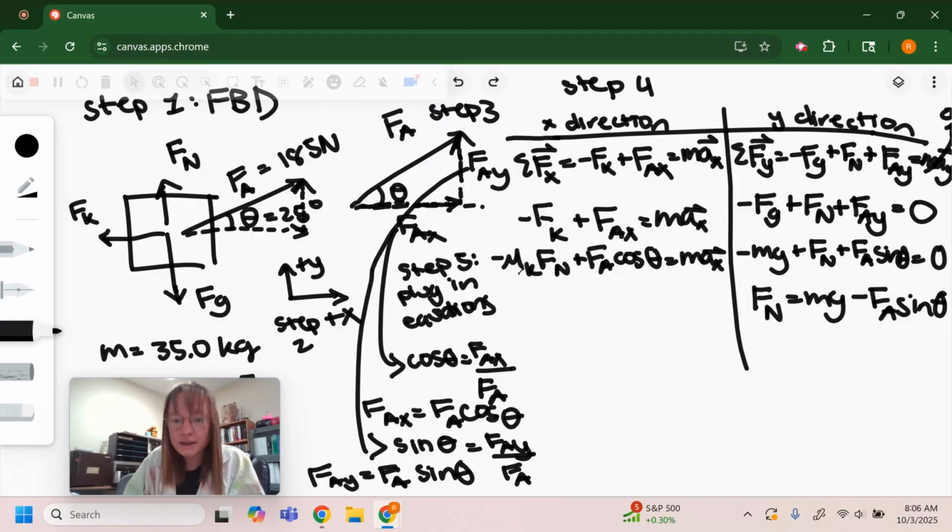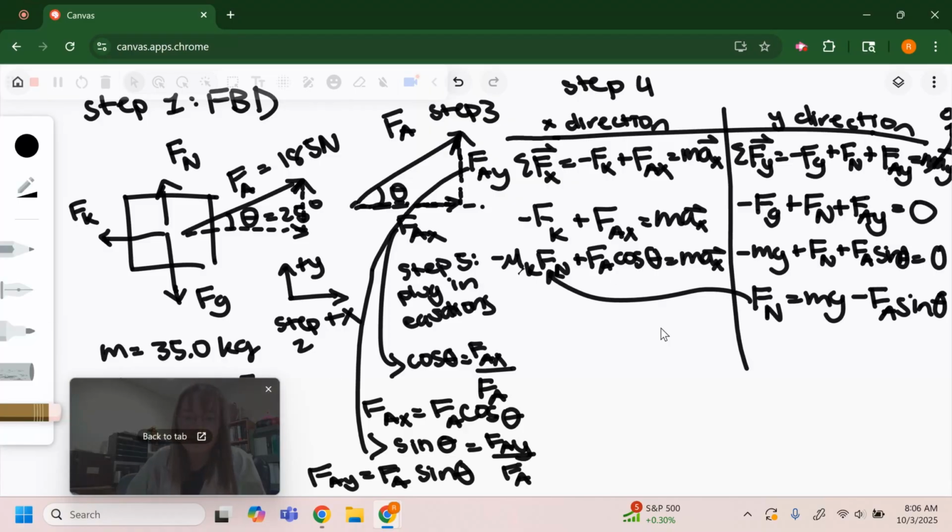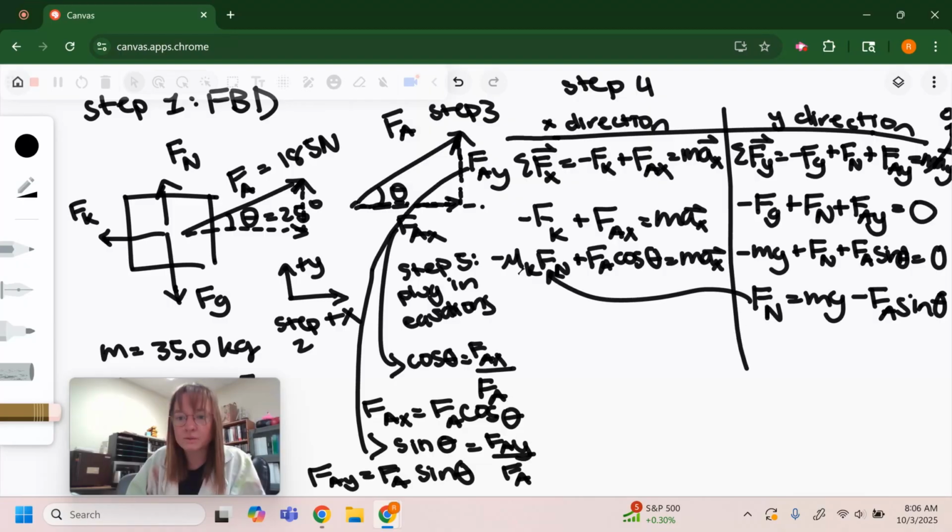Now I'm going to plug Fn back into the other side here. I'm going to get rid of some of this because I'm running out of space. You could continue to do your work in the x direction, but I'm going to rewrite this whole big equation down here.